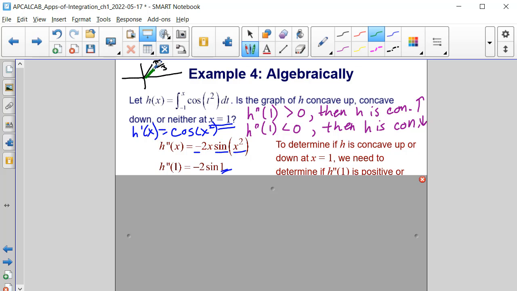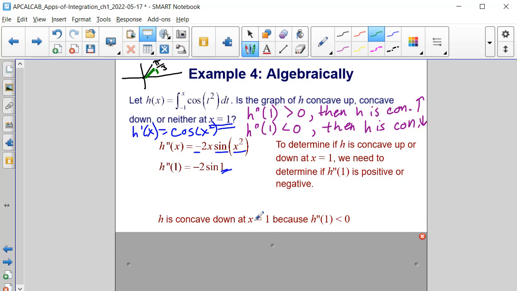And the sine of 1 radian is going to have a positive output value. So therefore, we're going to have a negative 2 times a positive value, and negative 2 times a positive is going to be a negative value, making h double prime negative and the original function h concave down.